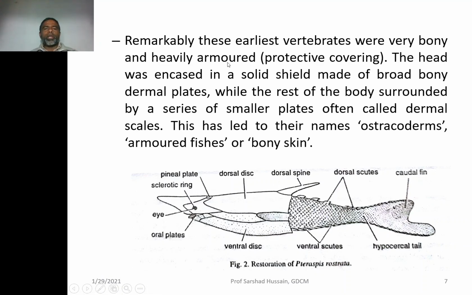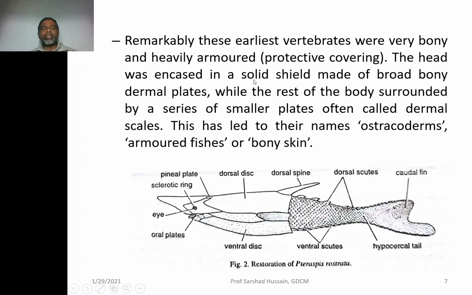Remarkably, these earliest vertebrates were very bony and heavily armored. You can see their body is protected by a protective covering in the form of bony plates. So they had an exoskeleton in the form of bony plates over the body.